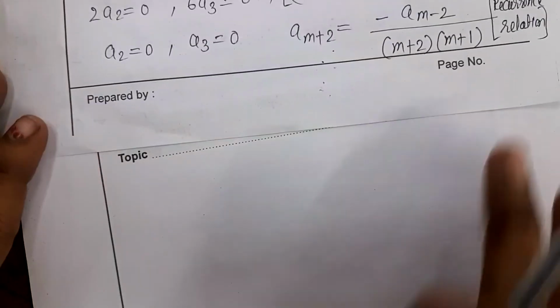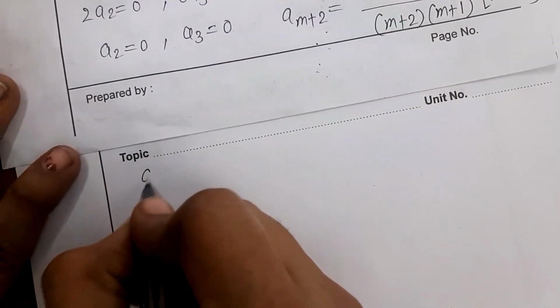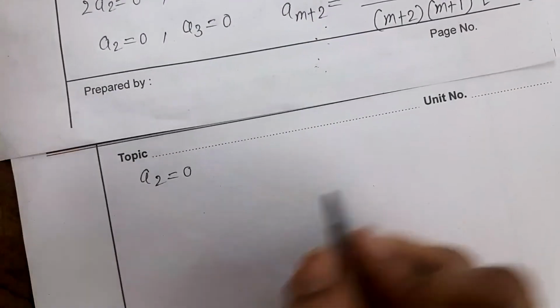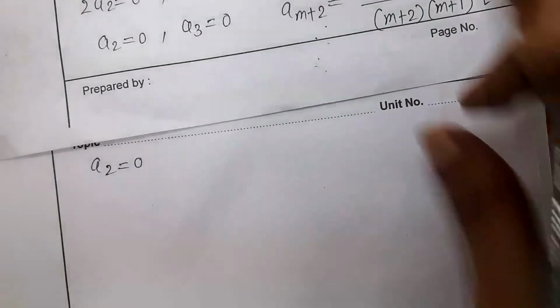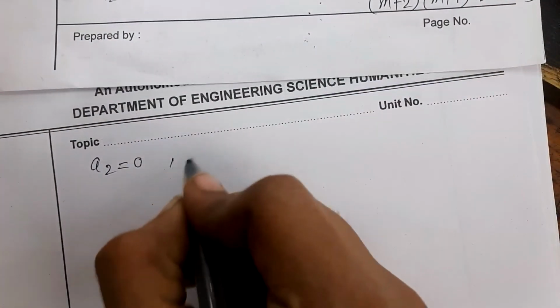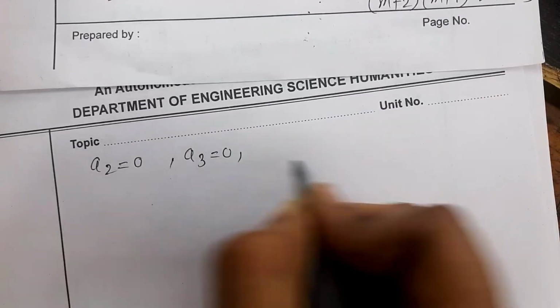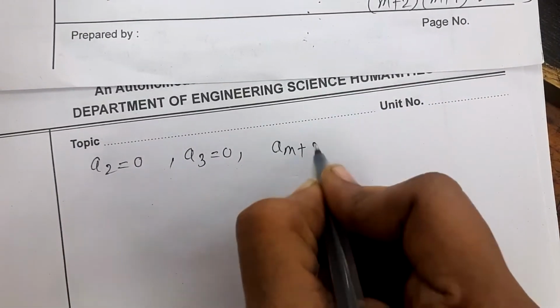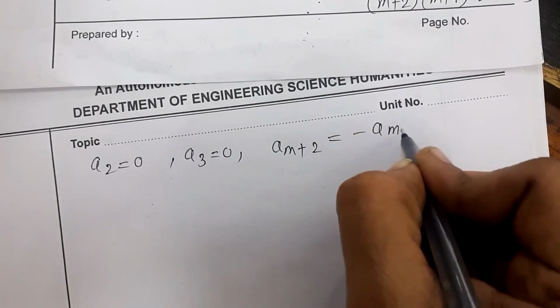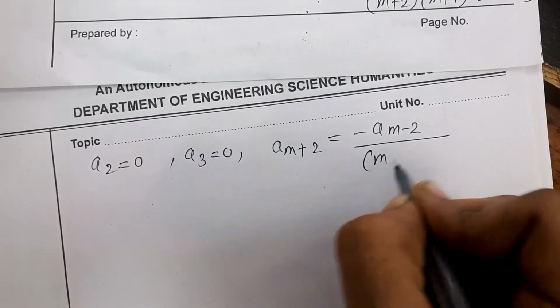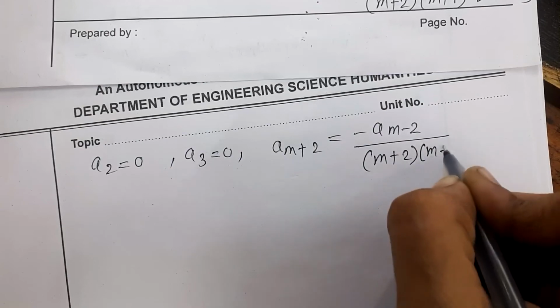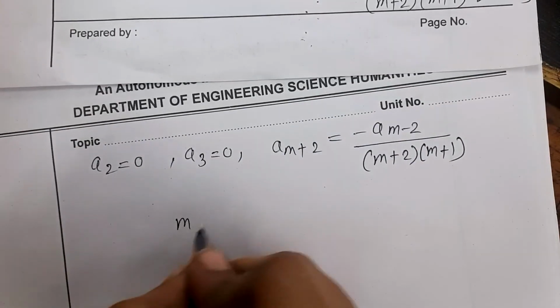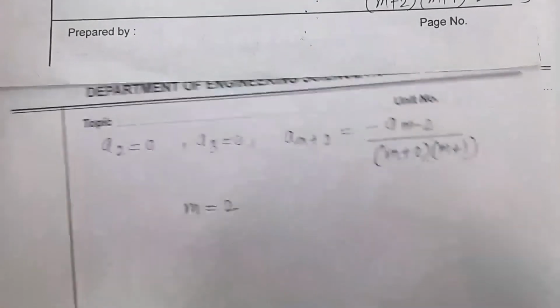So if we substitute m is equal to 2 in this equation, we get a2 is equal to 0, then a3 is equal to 0, and we have a(m plus 2) is equal to minus a(m minus 2) divided by (m plus 2) into (m plus 1). Now substitute m is equal to 2, because the summation starts from 2.